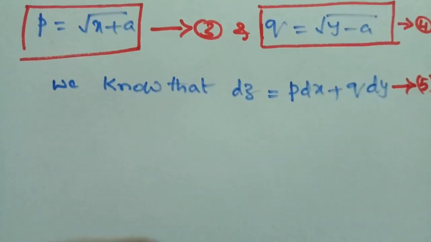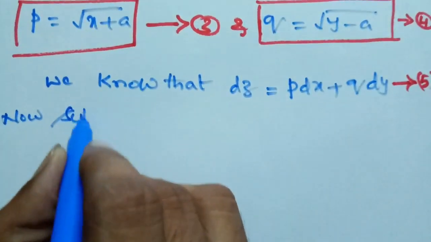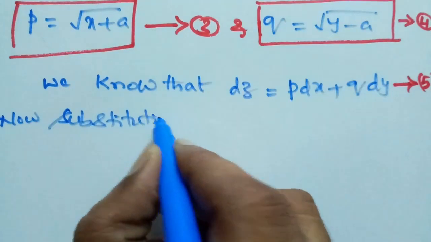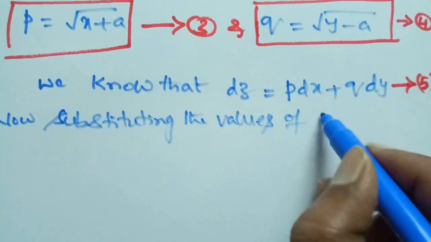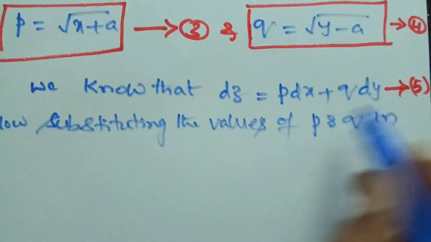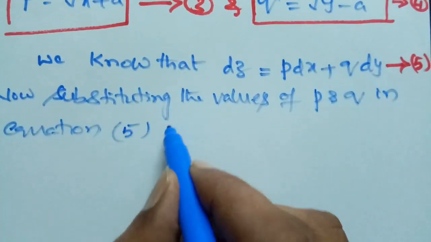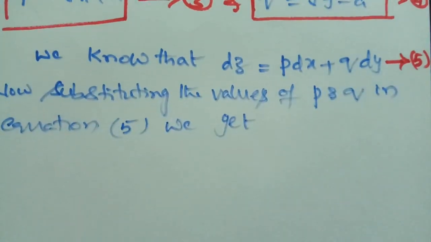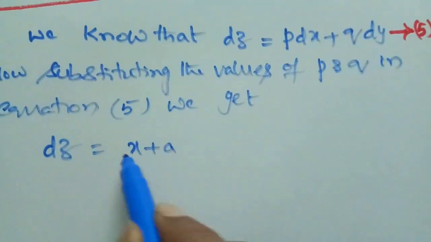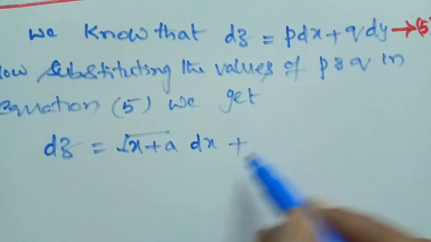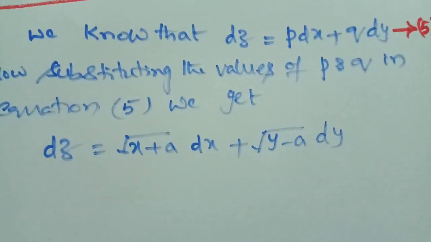Now substituting the values of p and q from equation 4, we get dz is equal to square root of x plus a into dx plus square root of y minus a into dy.